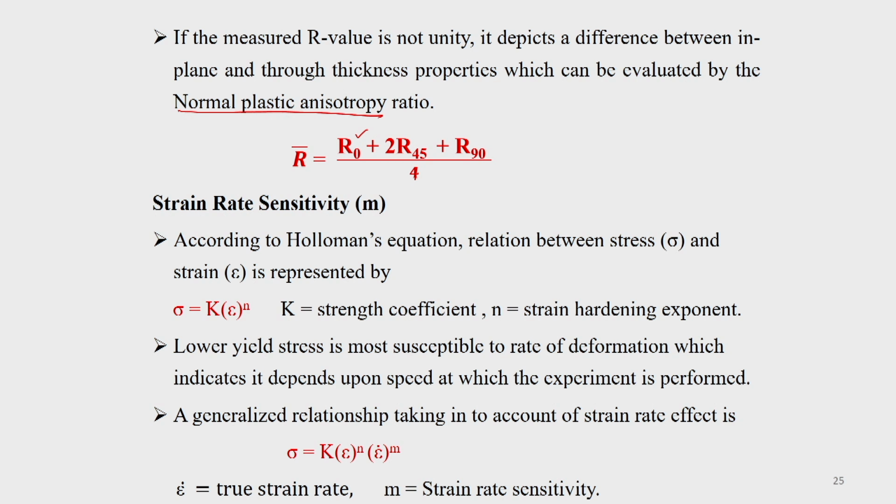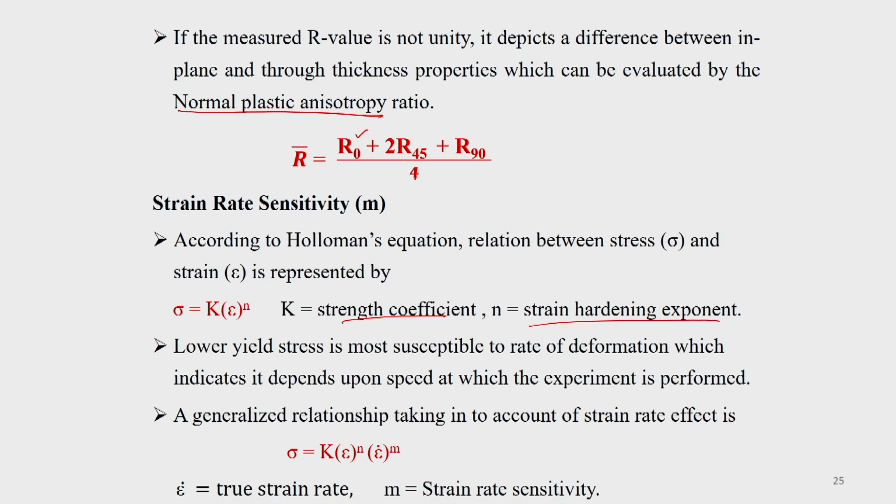Another thing which you have to consider is the strain rate sensitivity m. We have earlier discussed the Hollomon equation between stress and strain at room temperature, but when you go to a higher temperature, it is entirely a different thing. Sigma is equal to K epsilon raised to n, where K is the strength coefficient and n is the strain hardening exponent.